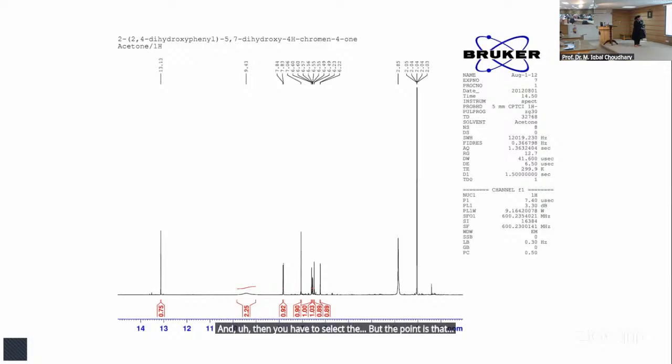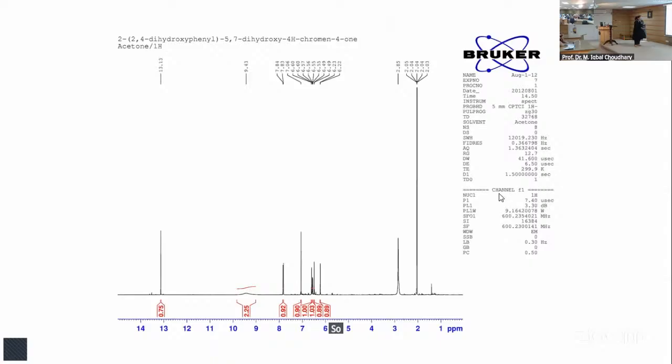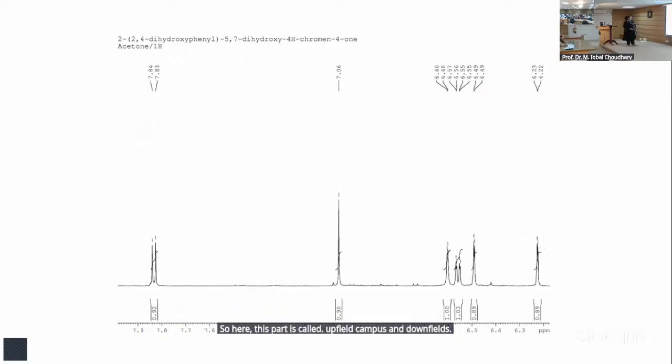Anyway, so in this spectrum, this part is called upfield chemical shifts and the downfield. And of course, what is upfield and downfield?